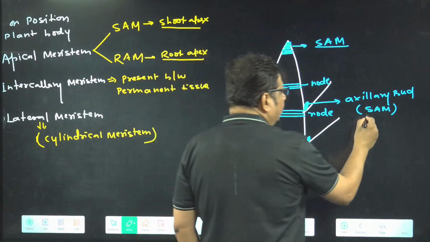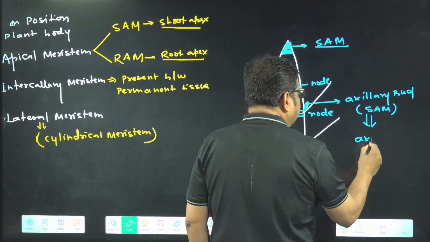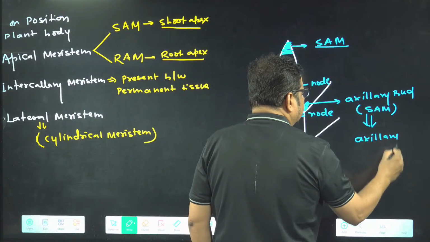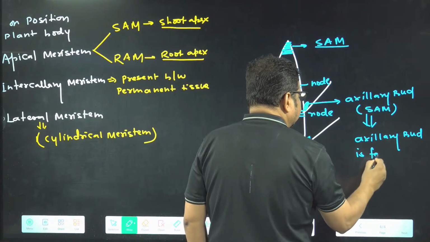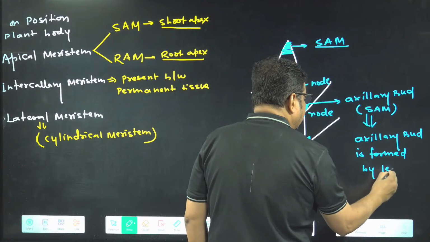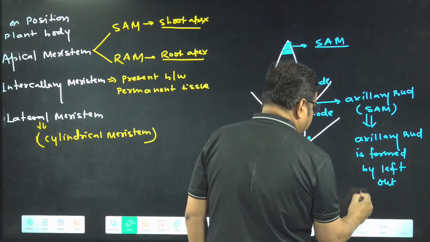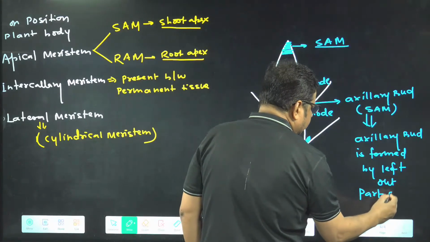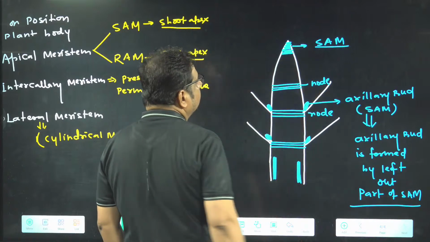Actually, the axillary bud is formed by the left out part of the shoot apical meristem.